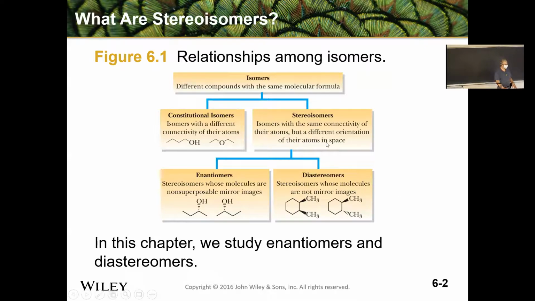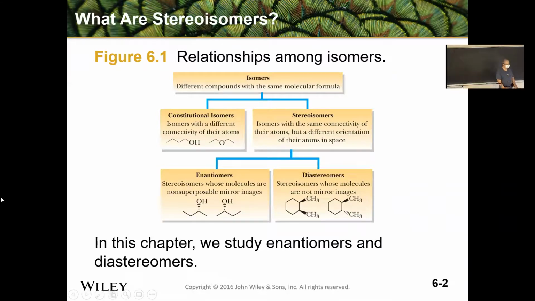And then we've had some introduction to cis-trans isomers. Those are a type of stereoisomer. Down here, we've got cis and trans. These are not constitutional because if we look at these two variations of 1,2-dimethyl cyclohexane, they're both 1,2-dimethyl cyclohexanes. The skeleton is the same, but the three-dimensional shape is different.